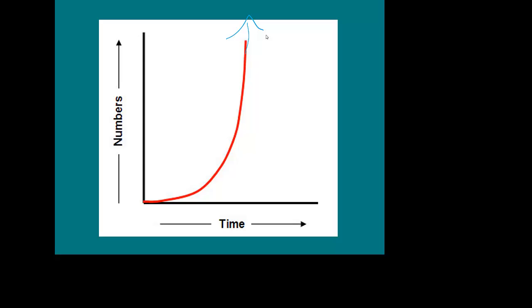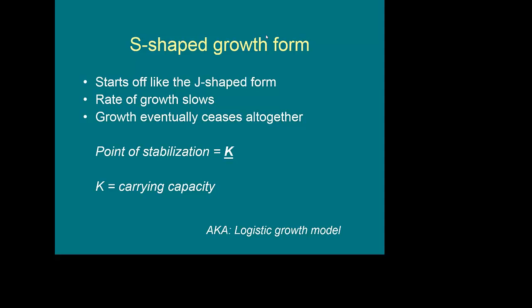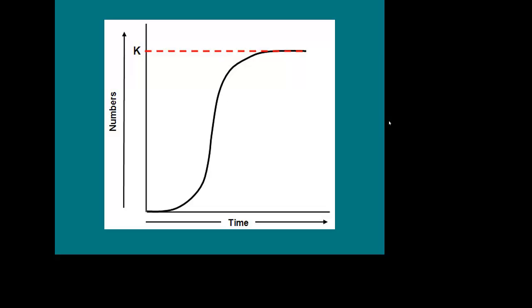But what we can look at is that if we put a limitation on this, like environment, we get that S-shaped curve that we mentioned before, so limited by K, and we get an interaction between the population and the environment that's actually going to keep it from growing anymore. And so here's our S curve.